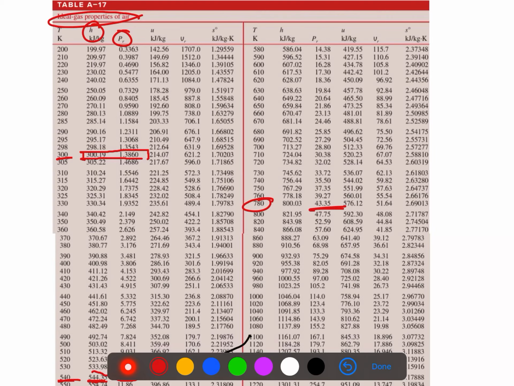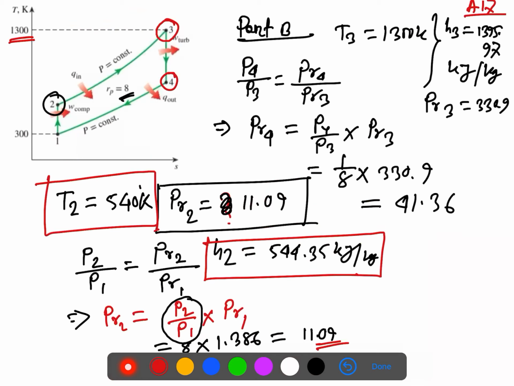Then we can do some interpolations. For the turbine exit, according to the values here, you can see, it is 41.36. This is the Pr value.